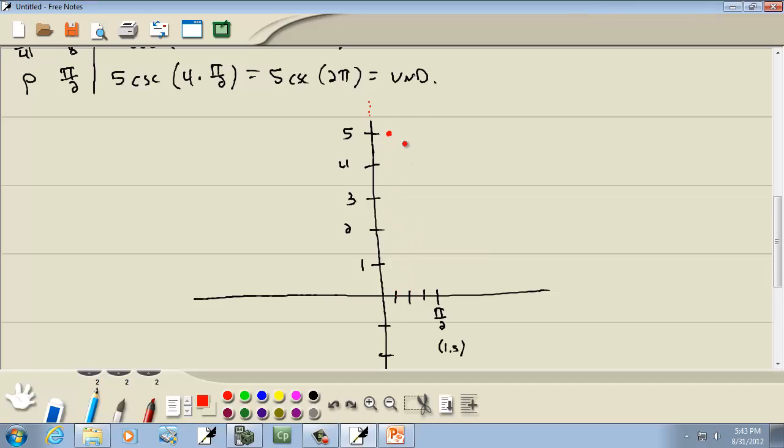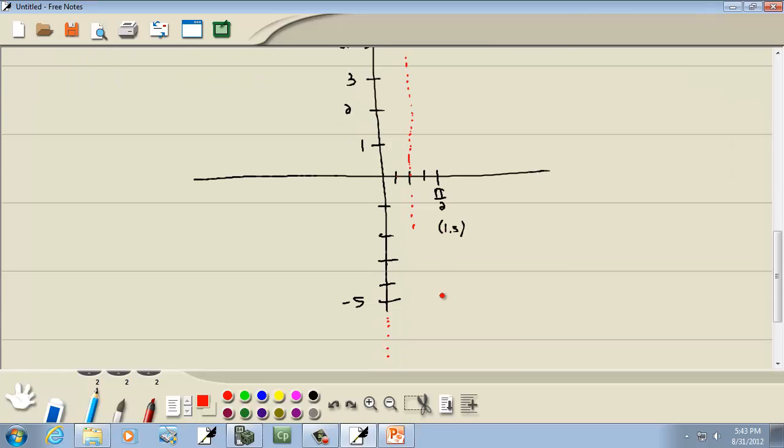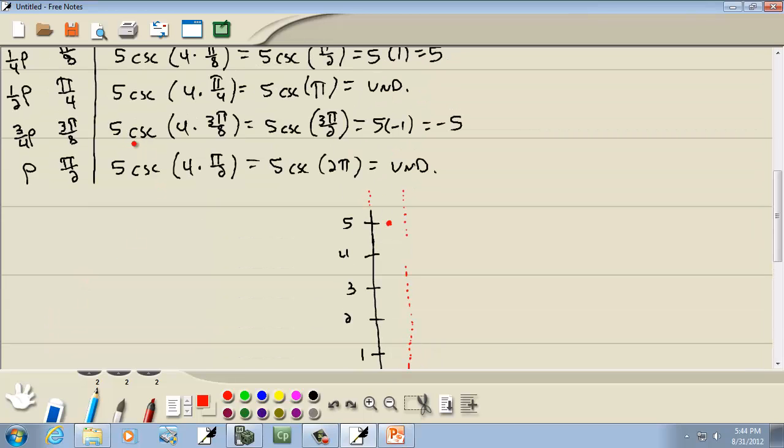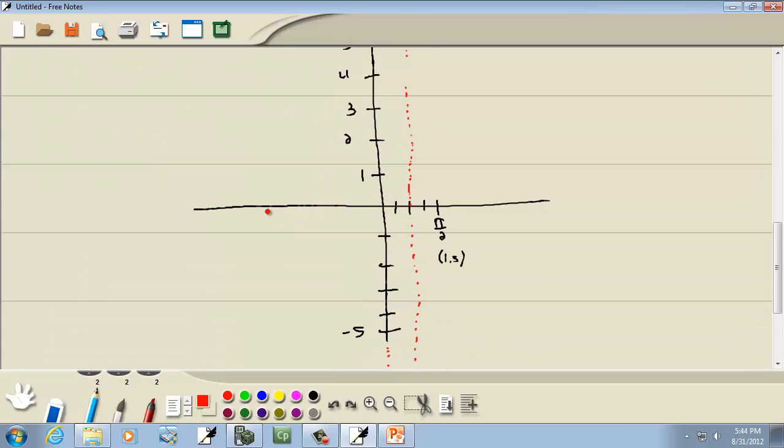Then my next one is undefined. That should be a straight line. Like that. My next one is 3 pi over 8, which is negative 5. So here's 3 pi over 8. I come down to negative 5, and I put another point. And then my last one here, pi over 2, was undefined.